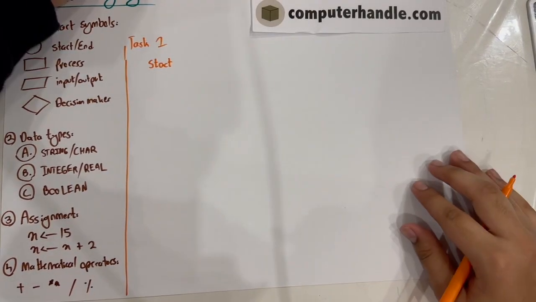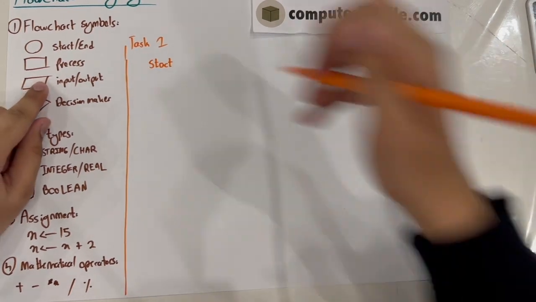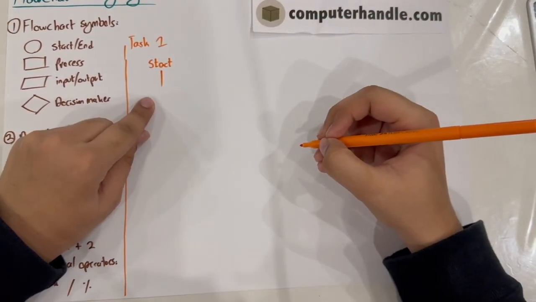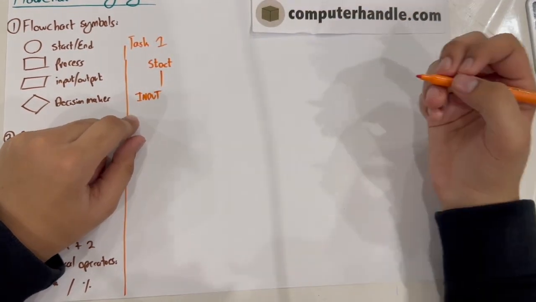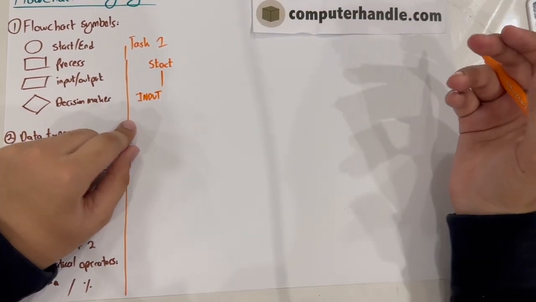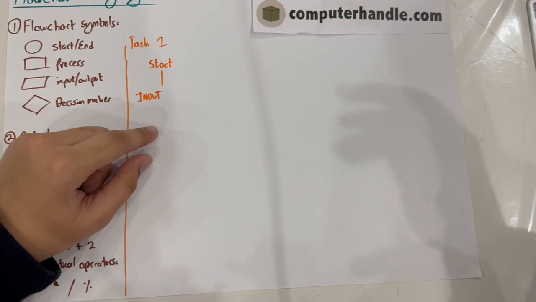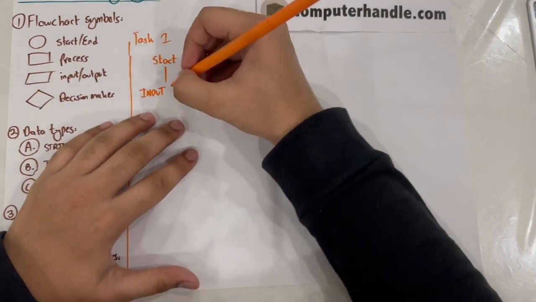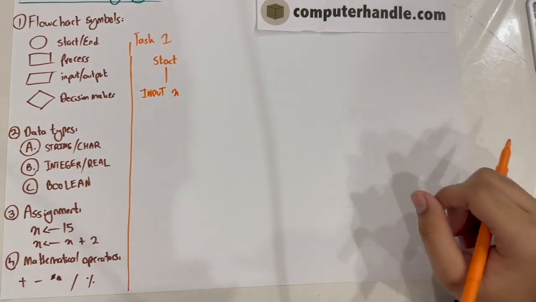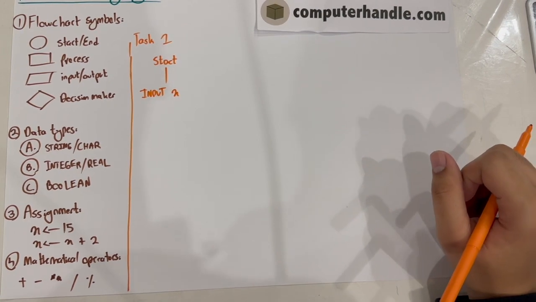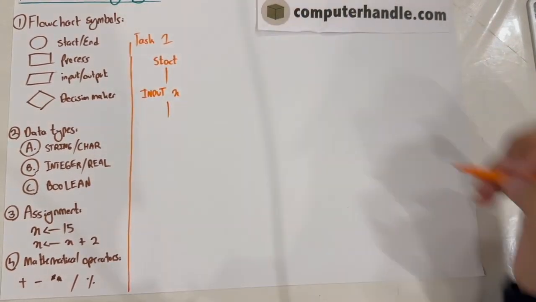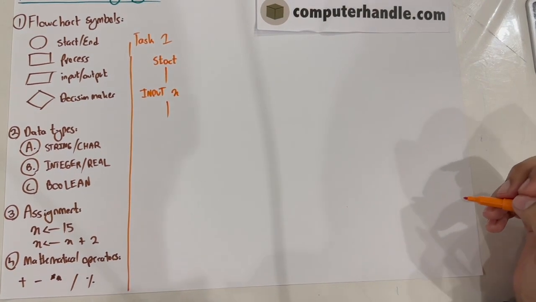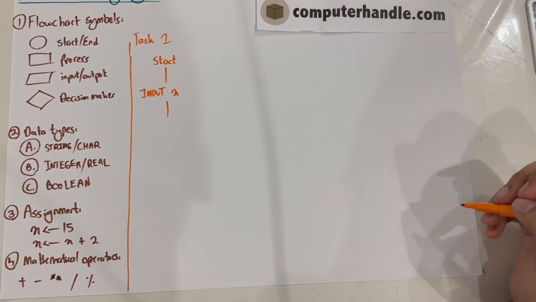So start, then we will say input. Any variable, we'll give it any name. Let's suppose we'll give it the usual mathematical name x. Let's say it inputs x. After it inputs x, it will perform a process, and the process is to multiply x by 5.